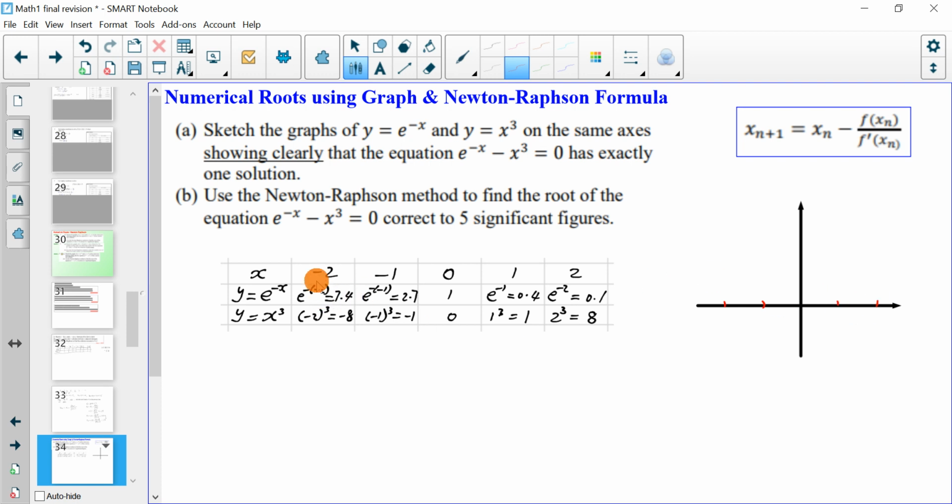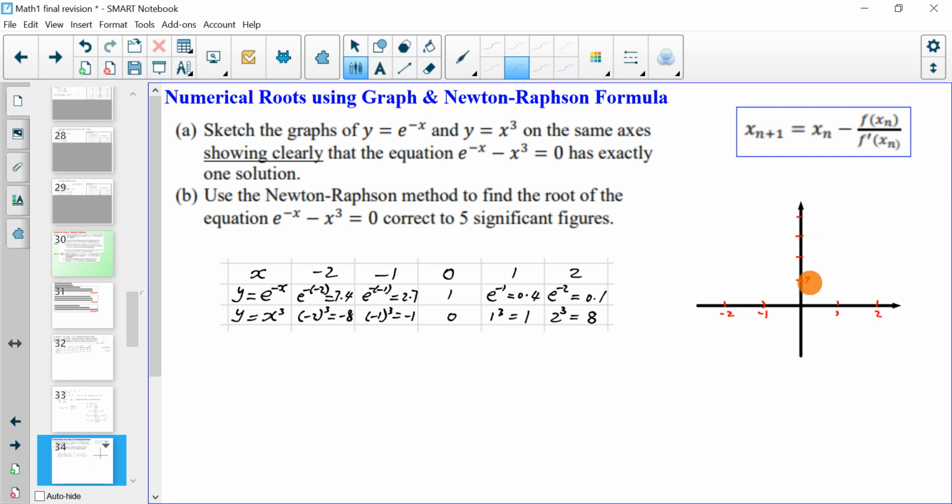My y value for the first graph is 7.4. So let's say this is minus 1, minus 2, 1, 2, and my biggest value here is at 8, so I'll probably go up in 2, 4, 6, 8.